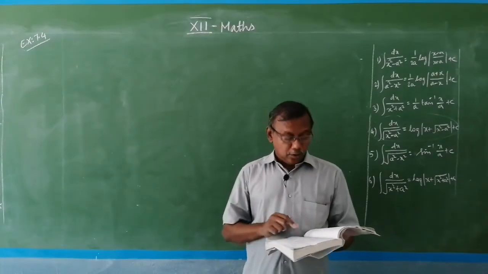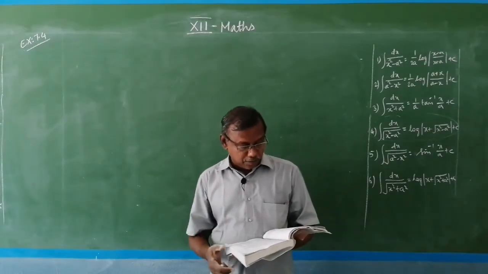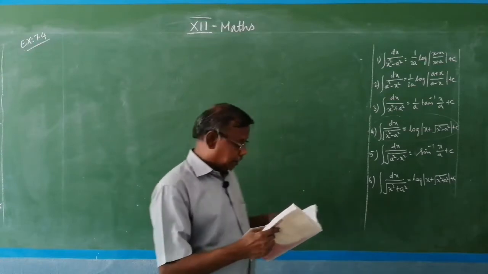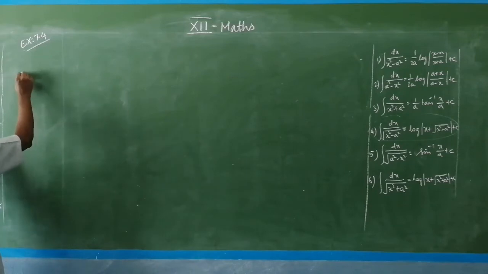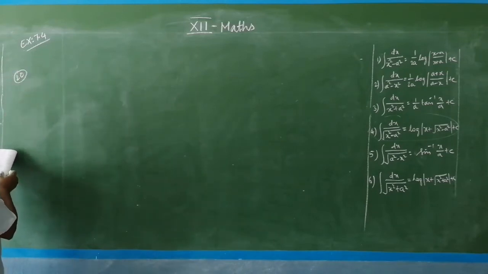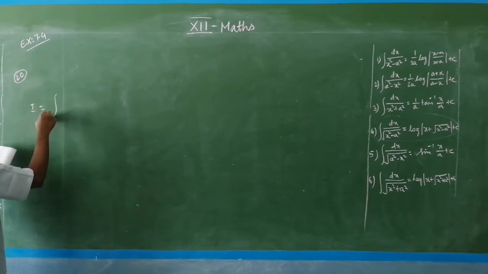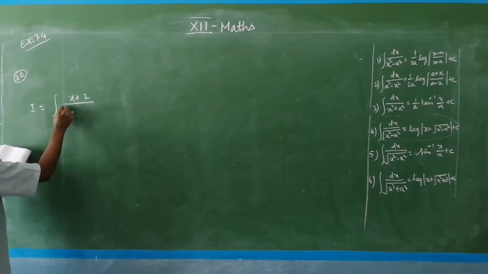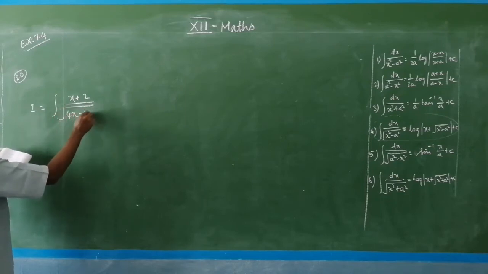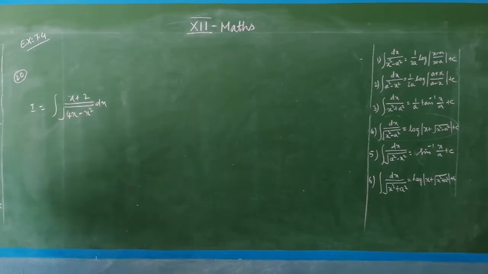Now questions number 20 and 21 are of the same type as 17. Look at question number 20, that is I equal to integral (x plus 2) divided by root of (4x minus x square) into dx.